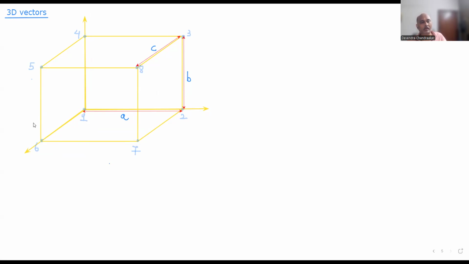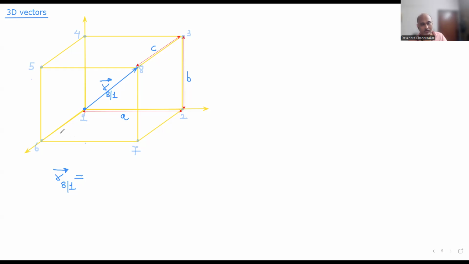Now, if I ask you to write the position vector of point 8 with respect to 1, the vector will be drawn like this. Yes or no, all of you? The tail of the vector will be at the reference point, which is 1 in this case, and the head will be pointing towards 8. This is the position vector of 8 with respect to 1. Say yes or no, all of you.